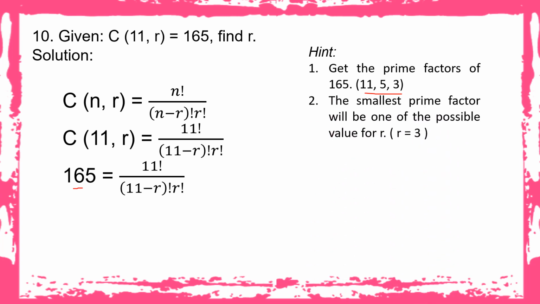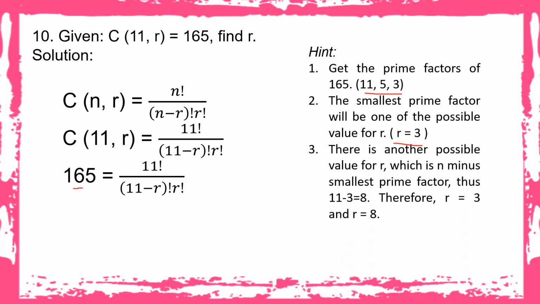And then, the smallest prime factor will be one of the possible values of r. So, in 11 times 5 times 3, the smallest prime factor is, of course, 3. So, we now have one possible value of r, which is 3. And another possible value of r is, again, n minus the smallest prime factor.